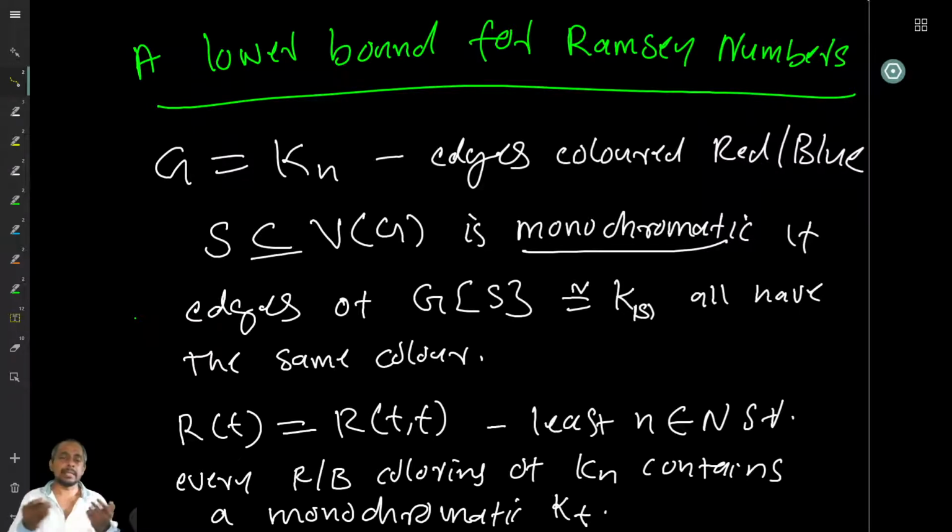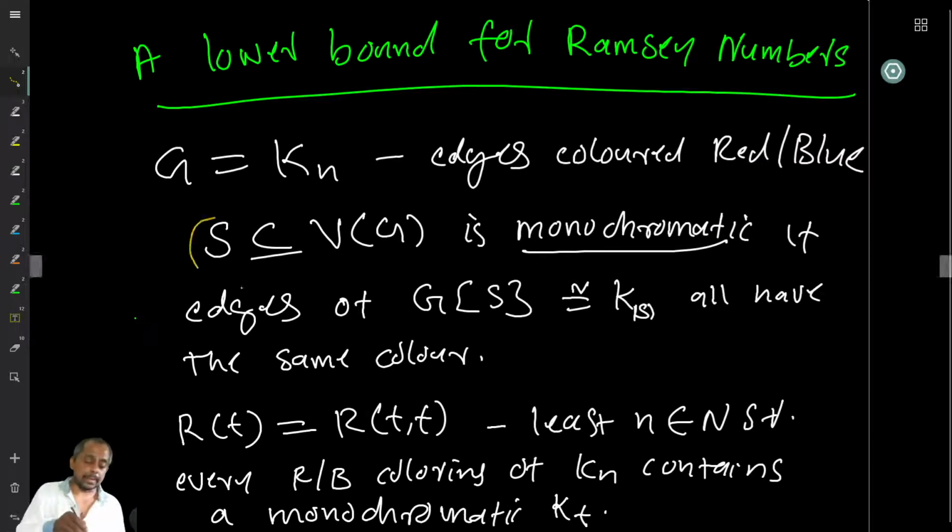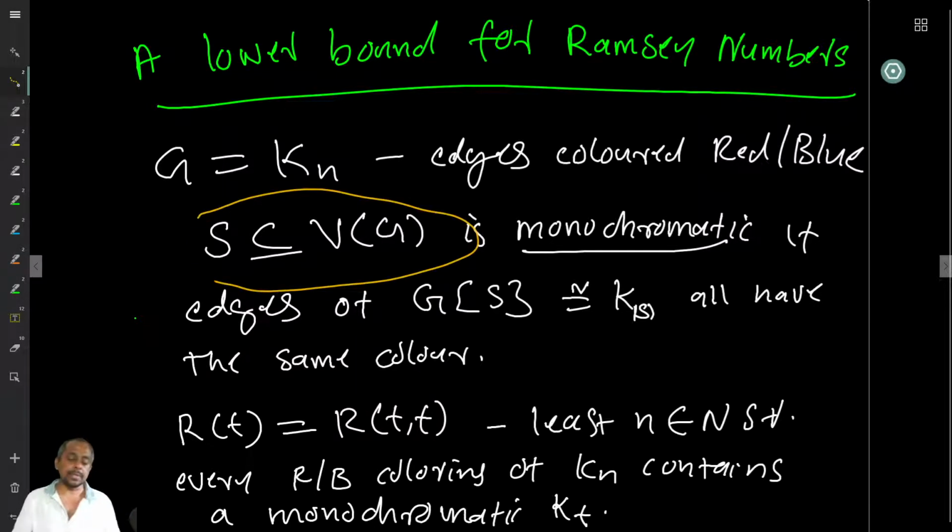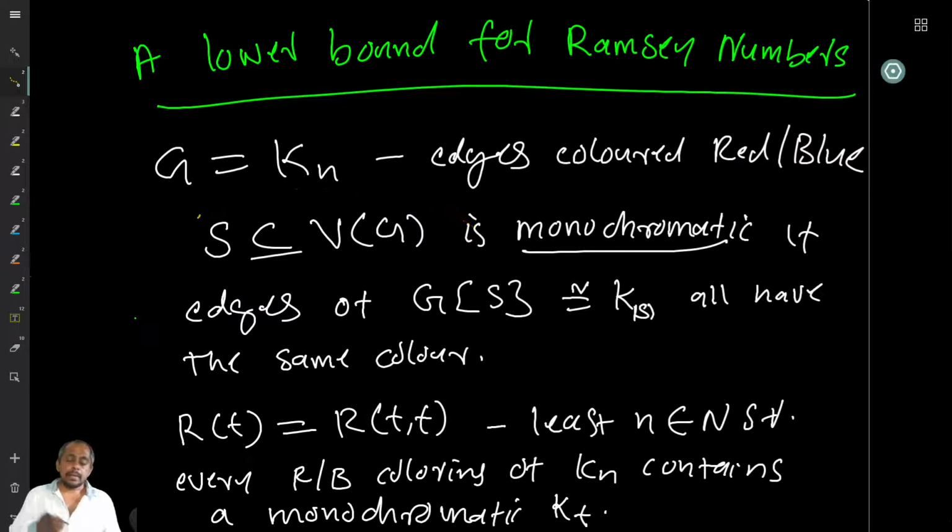So all the edges are colored red or blue, and if I look at any subgraph induced by a subset of the vertex set, let's say S, and all its edges have the same color, then we say the subset is monochromatic.